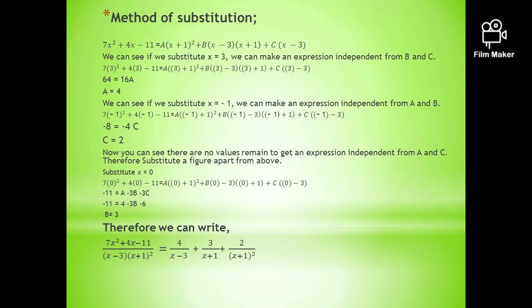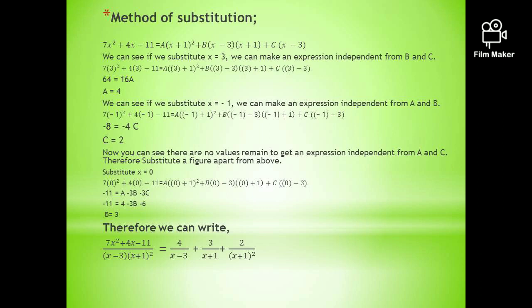Then I will substitute x equals 0, since it's very easy for me to do this calculation. If you substitute 0, you will obtain minus 11 equals a minus 3b minus 3c. We already know the values of a and c, so we can substitute them into this equation, and you will obtain b as 3.